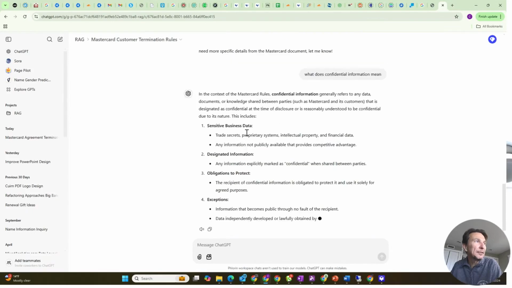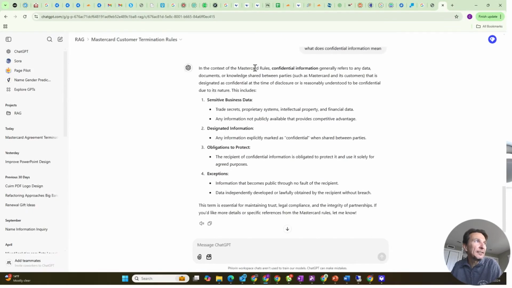Okay, in the context of the Mascara rules, so it actually says it's talking about the Mascara rules PDF. You can see it doesn't do too bad of an answer. So you can start to see that the RAG helps fine-tune the answer that we get, and it's not too bad, right?